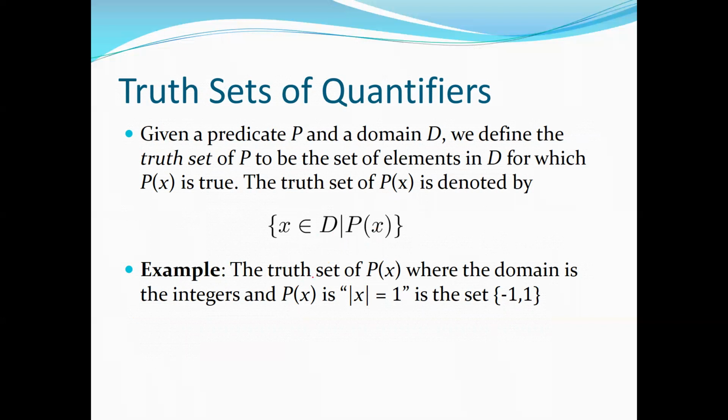Here is one example: the truth set of P(x) where the domain is the integers and P(x) is the modulus of x equal to 1. What are the possible values where |x| becomes 1? It could be either -1 or +1, right? So this is the set for P(x) in the integer domain, where P(x) represents |x| = 1. The possible values in the set are {-1, 1}.